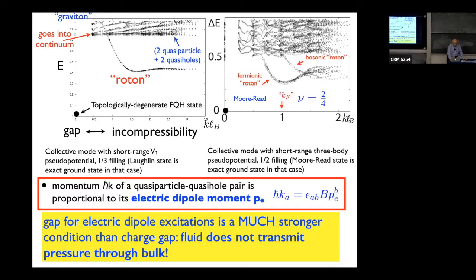Okay, so it's an interesting kind of spectrum. The thing I wanted to point out was that it's tempting to think that the bosonic roton will eventually go to an energy given by the zero momentum limit of Girvin-MacDonald-Platzman. It's tempting to imagine that the fermionic one is extrapolating to the same point, which would indicate some kind of supersymmetry.